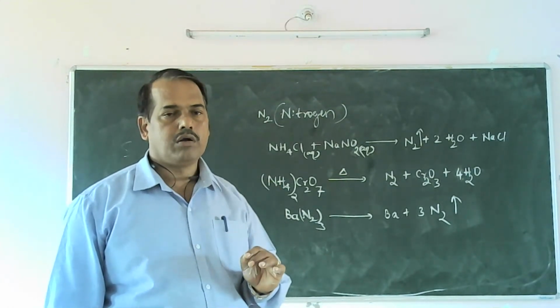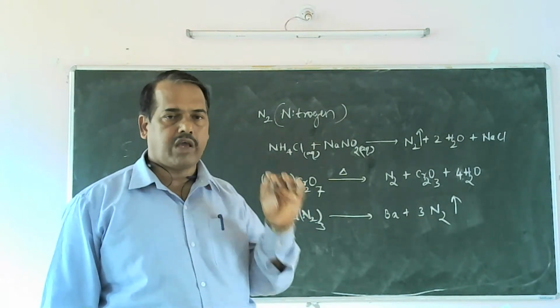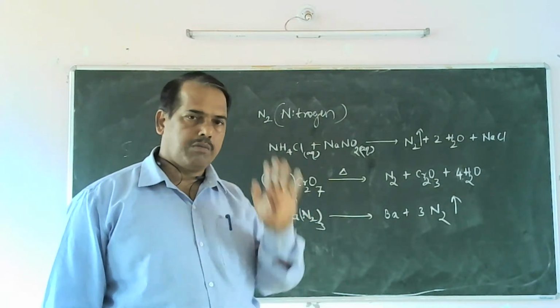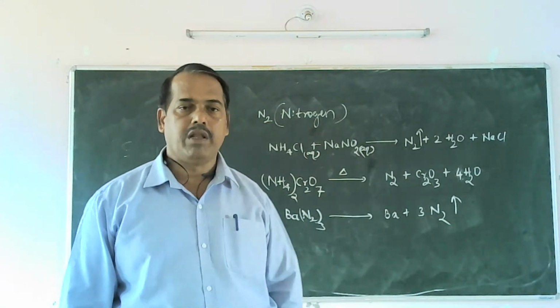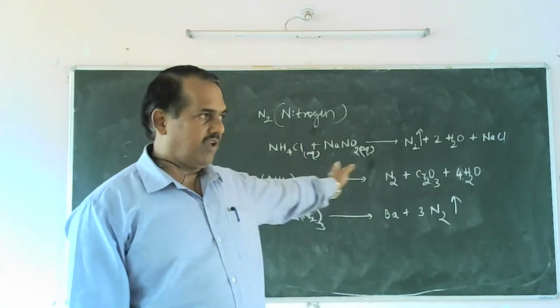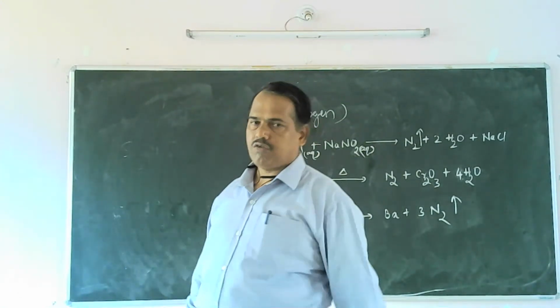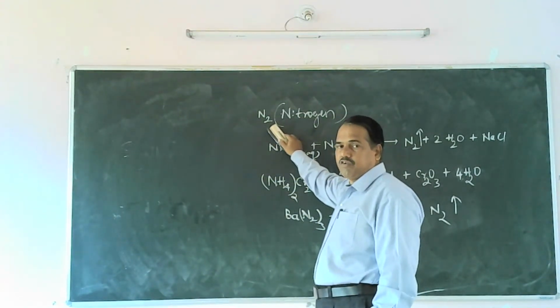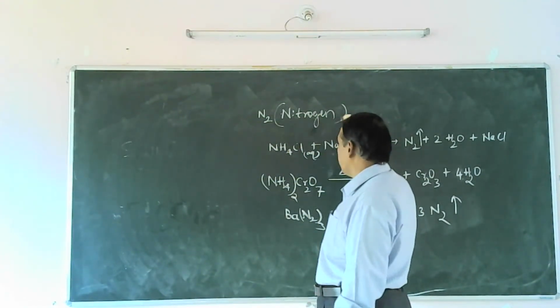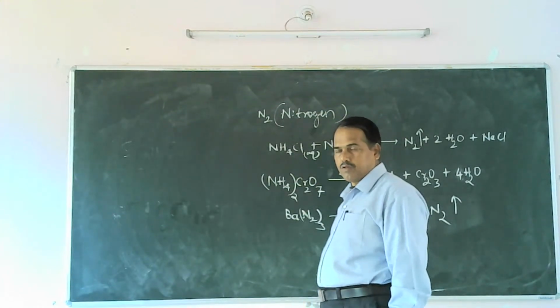Again, pure dinitrogen gas can be prepared by the decomposition of barium azide. This equation I will give you in the notes, you can just refer to it. These are the important preparations of dinitrogen gas.